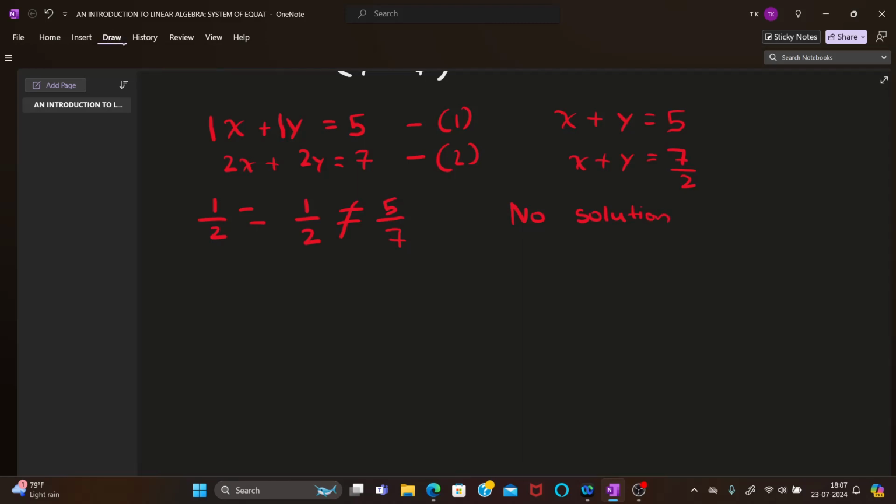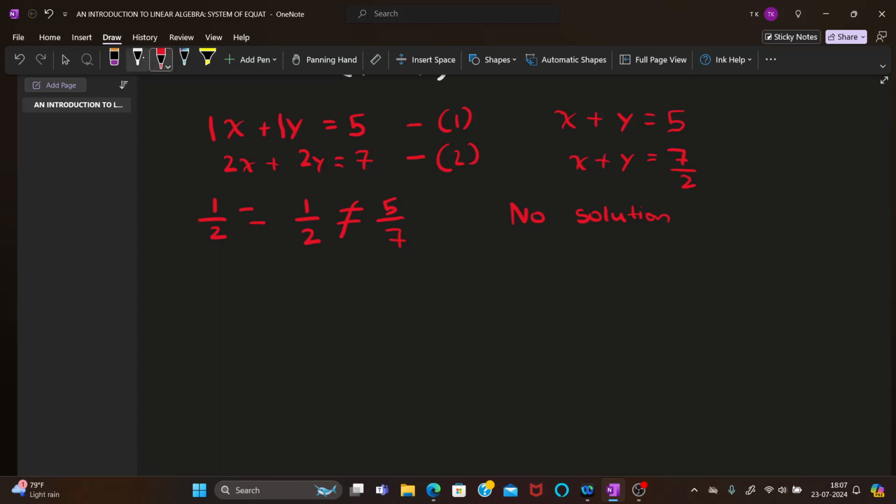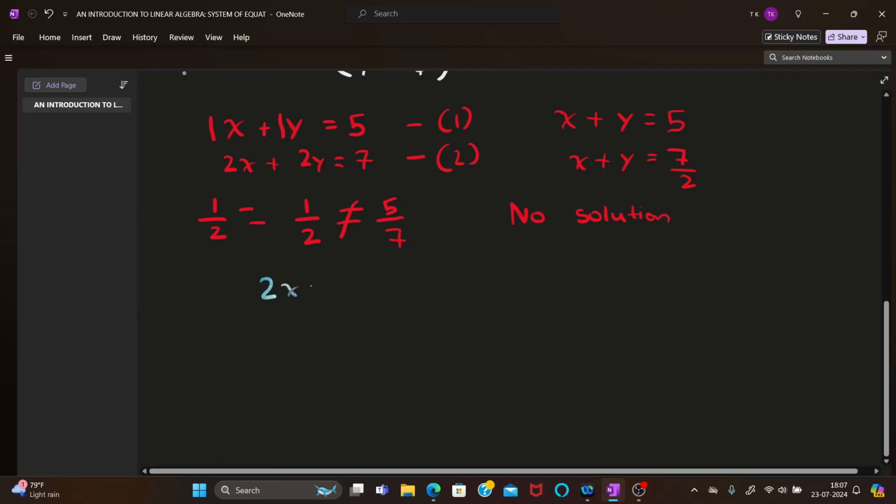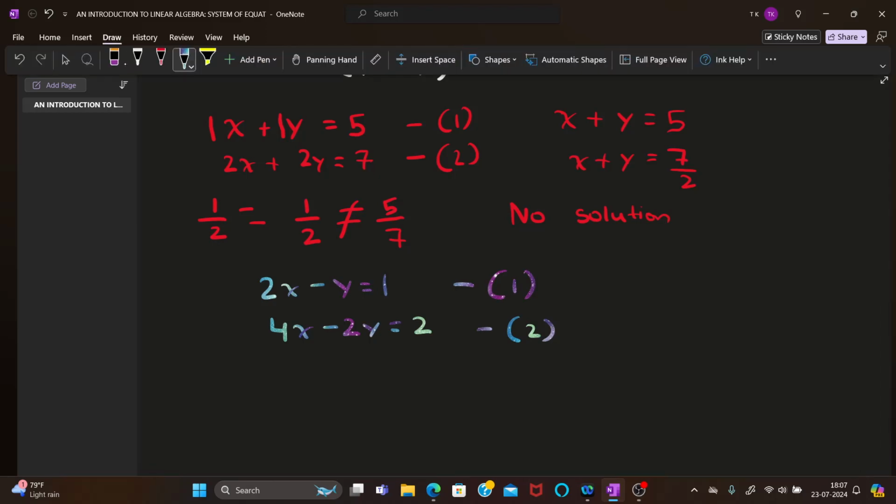Finally, let's look at another possibility. 2x minus y is equal to 1, and 4x minus 2y is equal to 2. So this is equation 1, and this is equation 2. Let me just write it in a different color, which is more clear.